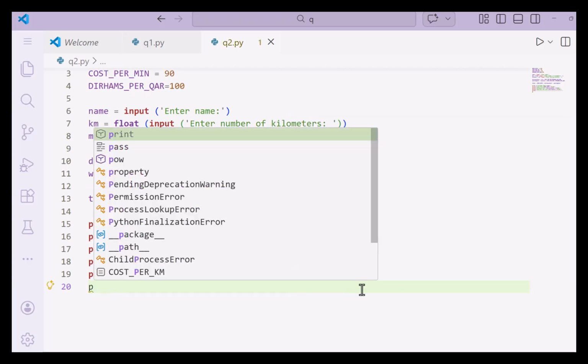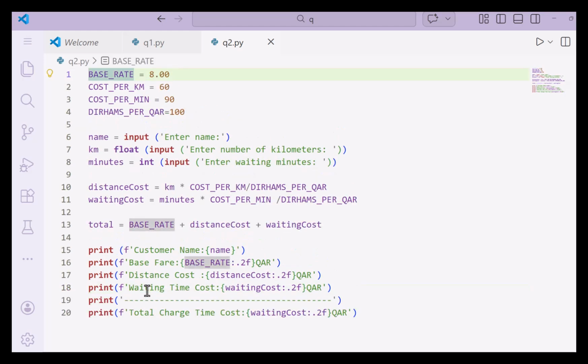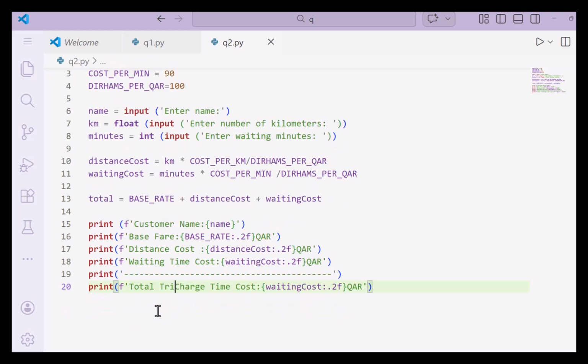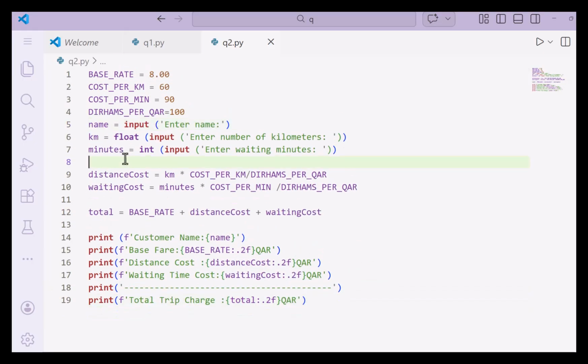And now print total trip charge is equal to total here.